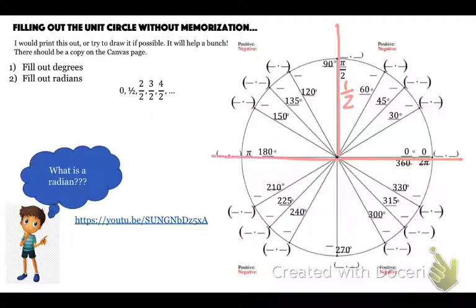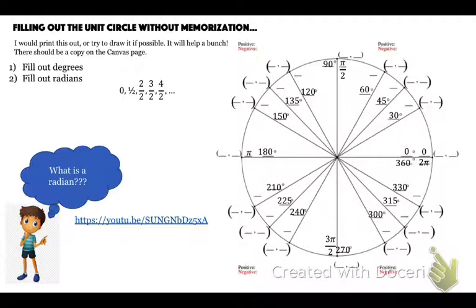This is 2 halves, which means this would be 3 halves, and this would be 4 halves, which 2 halves is the same as 1. So this right here is 3 pi halves.